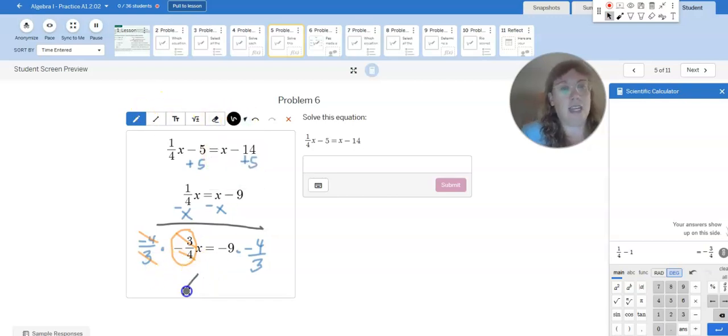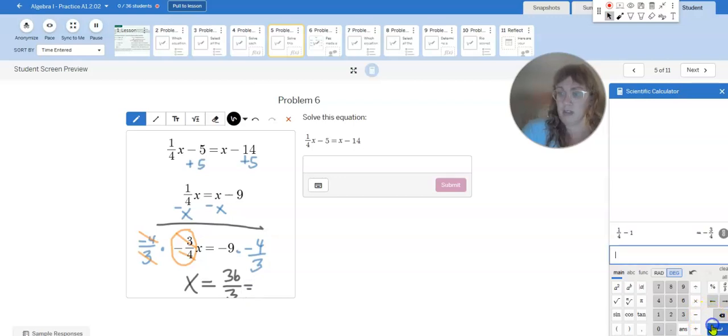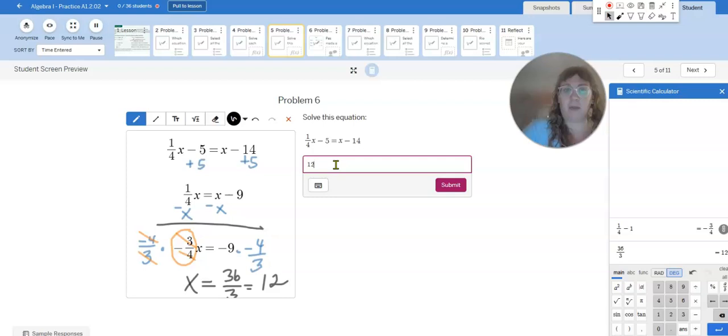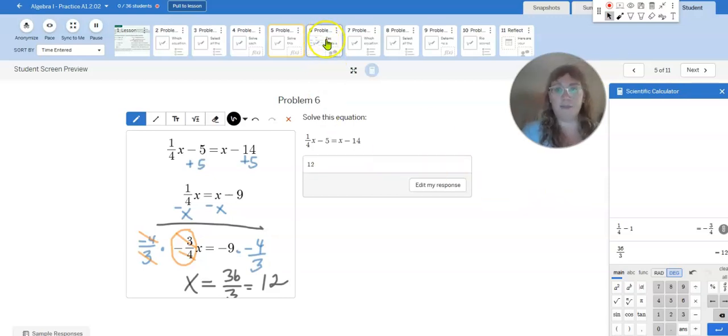So we're just left with x equals negative 9 times negative 4 is 36 divided by 3, which is 12. So our x value equals 12. Beautiful. You're all set. Push ahead to the next slide.